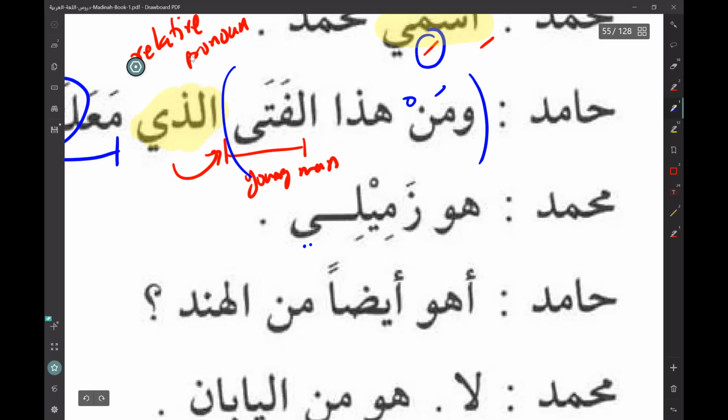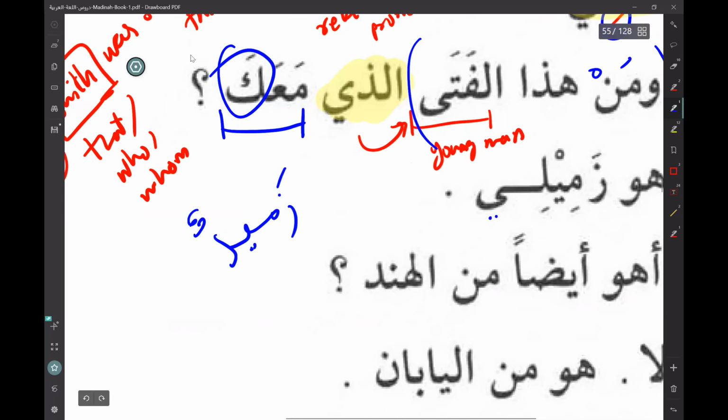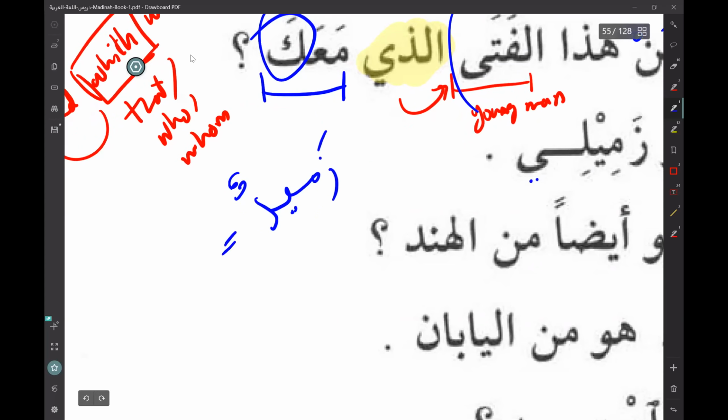Okay, he is my. What is zamil? Zamilun. Did we have this one before? No, zamil is not cousin. It's kind of like a sadiq, which is friend. So this would be friend. This would be classmate.